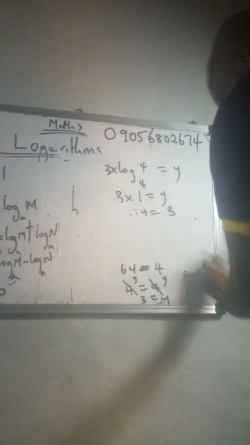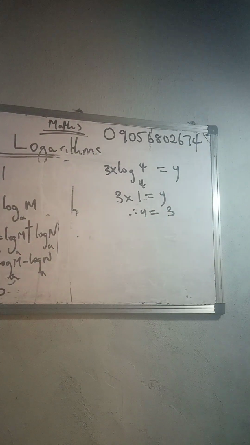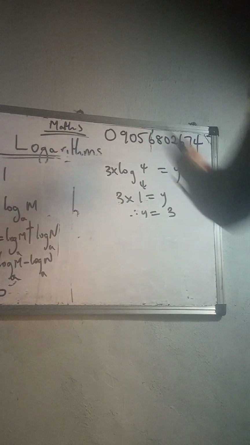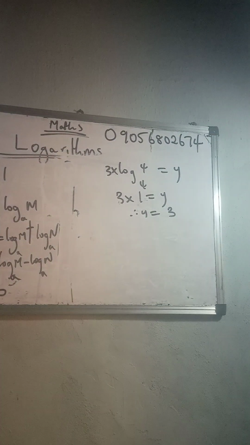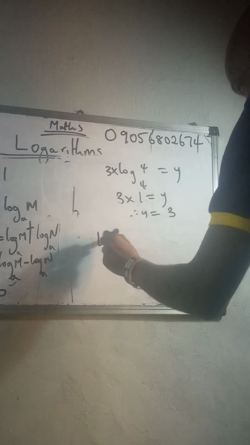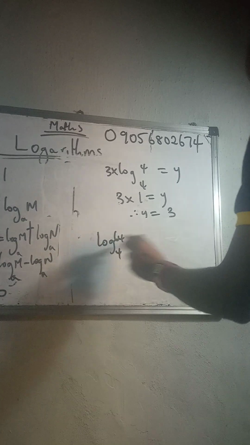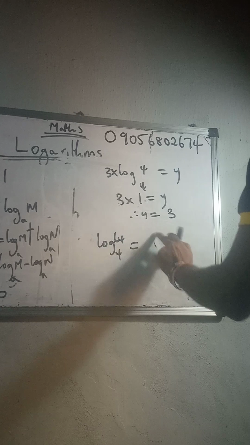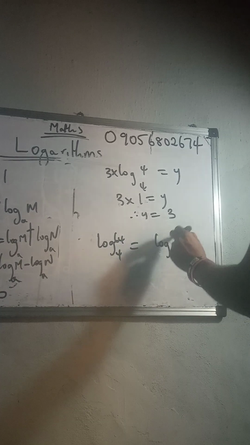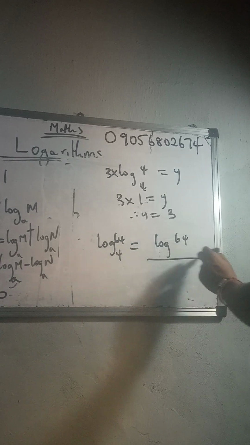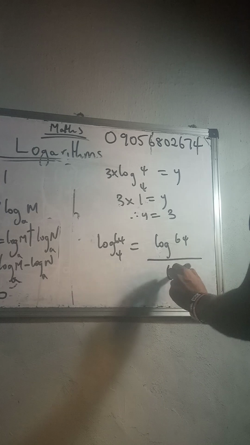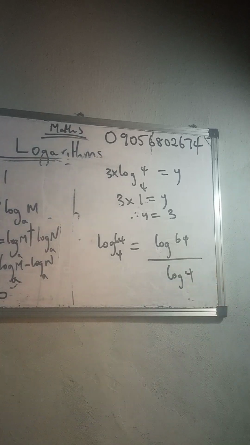Then, to see it another way around, I can use the last law I gave you. Since we have log 64 base 4, this can also be written as log 64 over log 4.